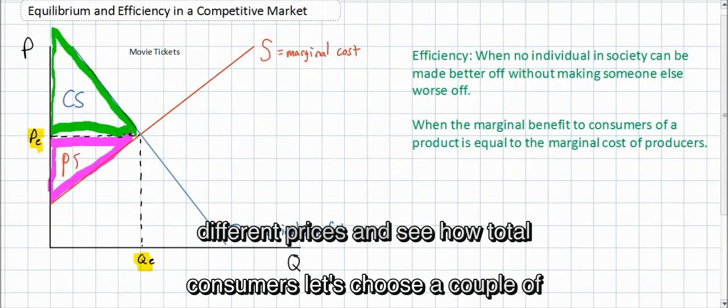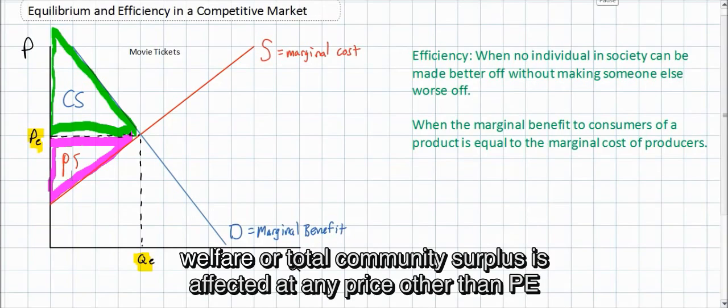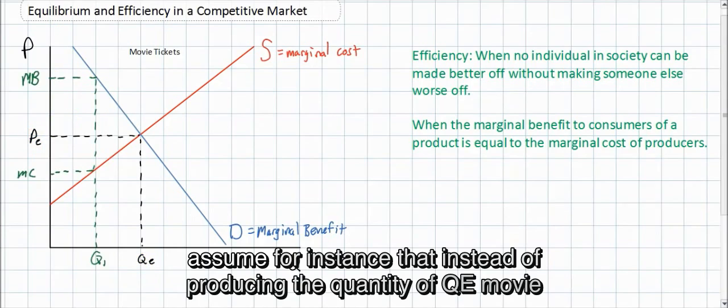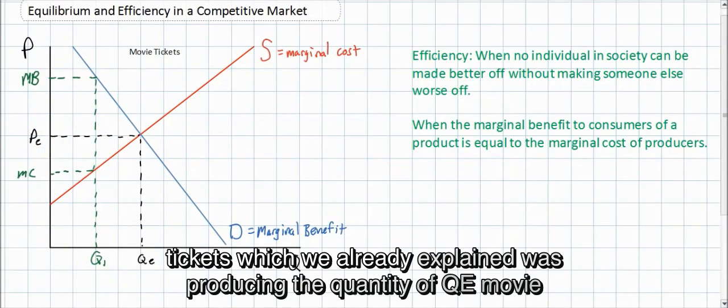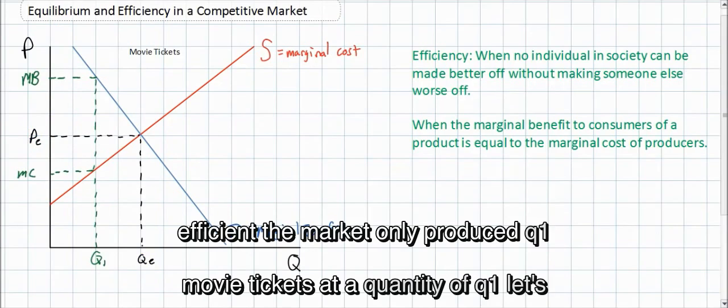Let's choose a couple of different prices and see how total welfare or total community surplus is affected at any price other than PE. Assume, for instance, that instead of producing a quantity of QE movie tickets, which we already explained was efficient, the market only produced Q1 movie tickets.